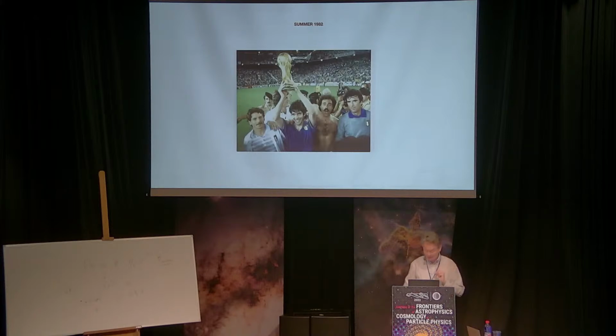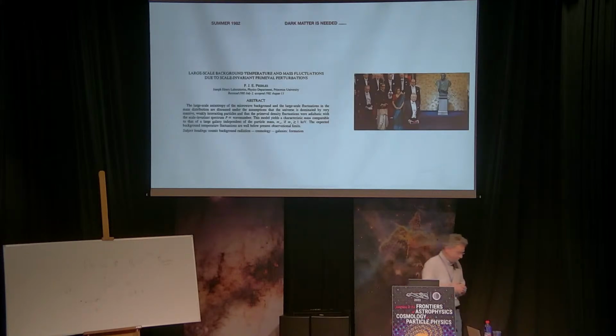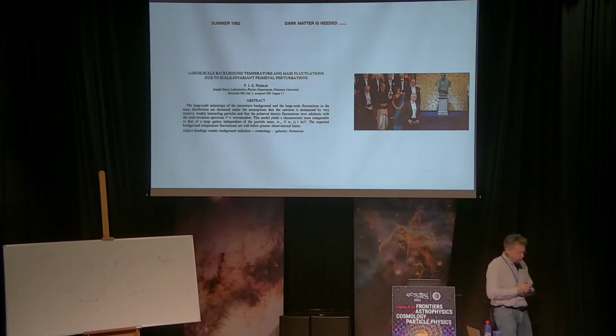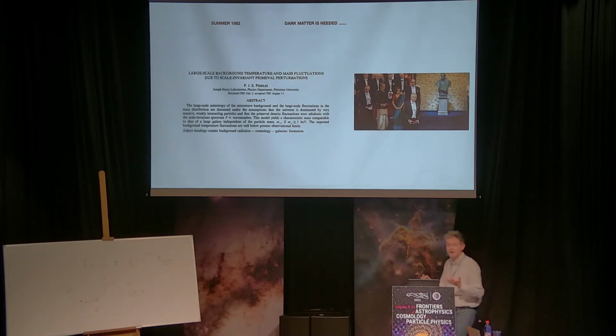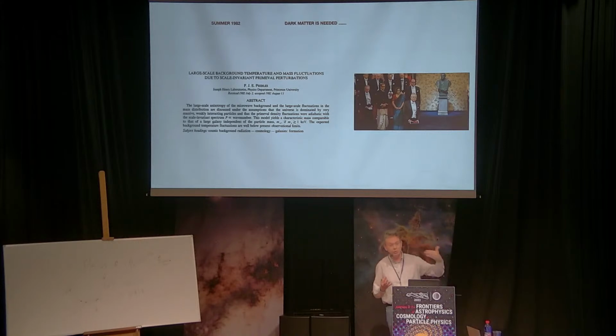But in the summer of 1982, there was this other seminal paper by Jim Peebles, which made the following consideration. At that time, those initial conditions that I showed before of the CMB were not measured, right? They were measured a few years after, so he didn't know about this. They were just upper limits. But the large-scale structure was measured, not as neatly as we saw before, but there were a few measurements of some large-scale structure survey.